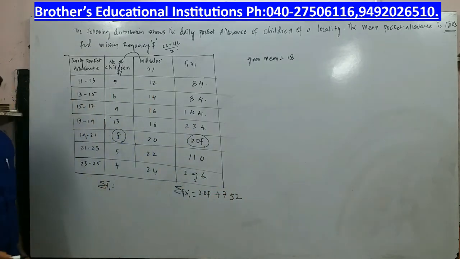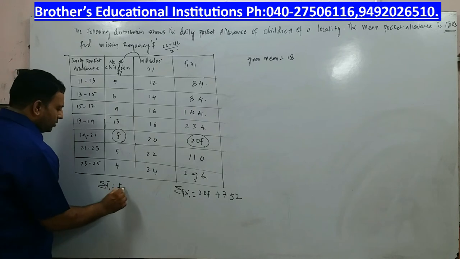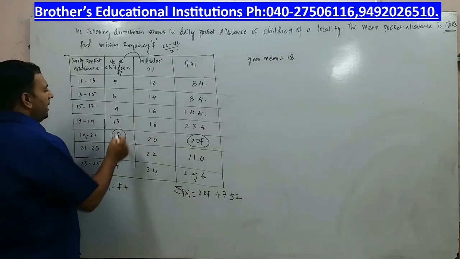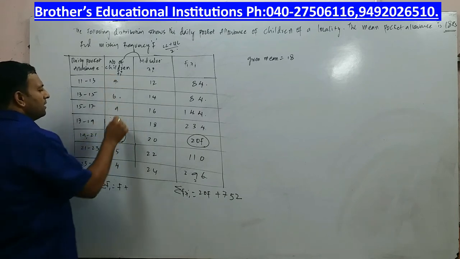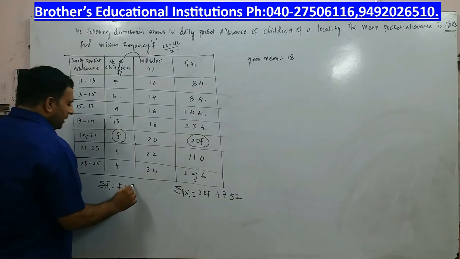Now I have to add up the remaining quantity, the frequencies. F I cannot add, so I will write f plus 5 plus 4 is 9, 9 plus 9 is 18, 18 plus 6 is 24, 24 plus 7 is 31, 31 plus 3 is 34, plus 10 is 44.